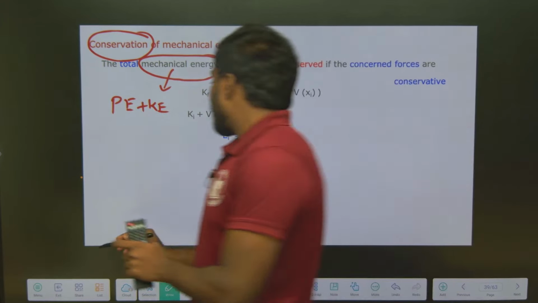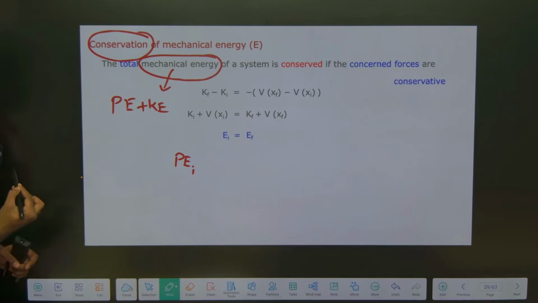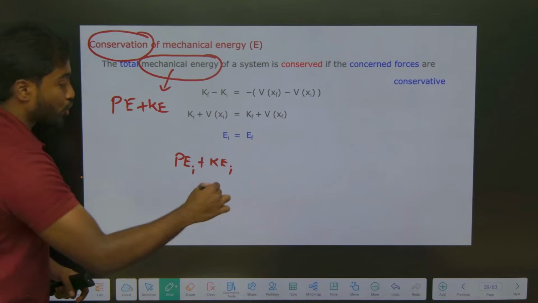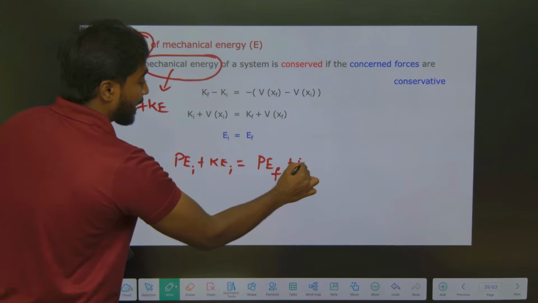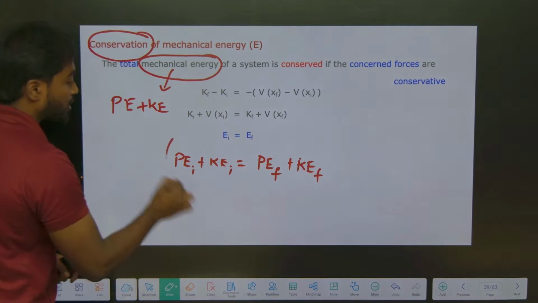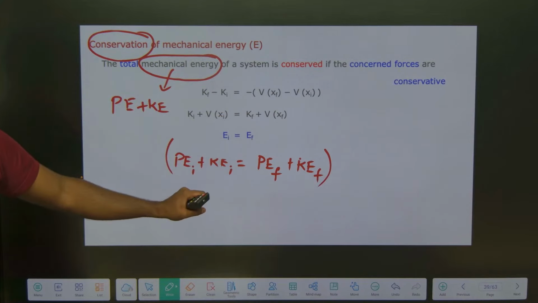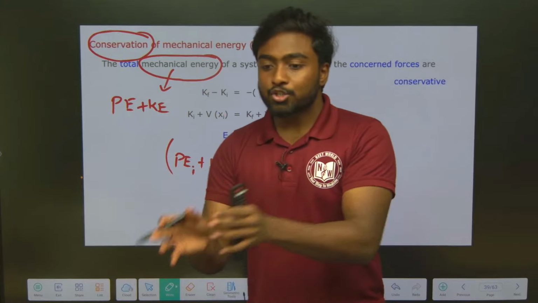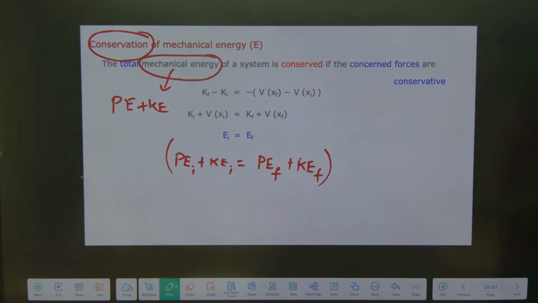Potential energy initial plus kinetic energy initial should be equal to potential energy final plus kinetic energy final, which means I can say it is conserved. The total mechanical energy at initial should be equal to final. That's the case. Take a note of it.